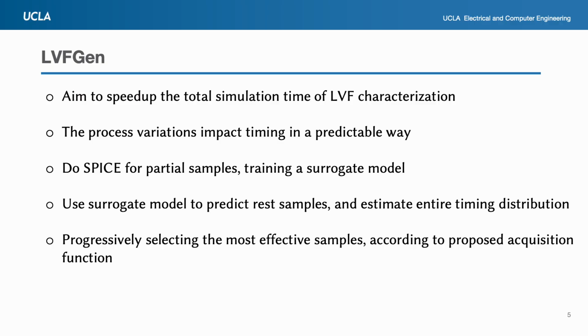In this work, we propose LVF Gene, which aims to speed up the total simulation time of LVF characterization. The motivation is that we found the process variation impacts the timing in a predictable way, so we can do SPICE simulation for one part of the samples and use that data to train a surrogate model to replace the SPICE simulation, then predict the rest of the samples and finally estimate the entire timing distribution with the surrogate model.